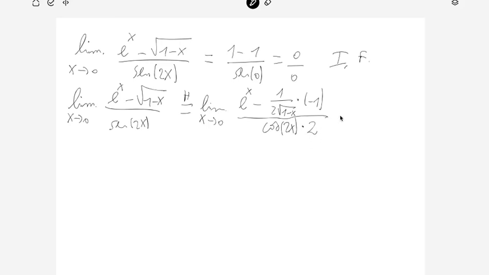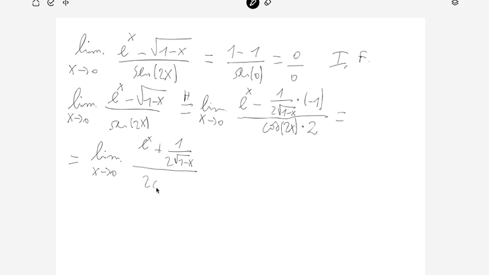Okay. Then, the limit when x converges to 0, we do some calculations. So minus and minus becomes plus, 1 over 2 square root of 1 minus x.